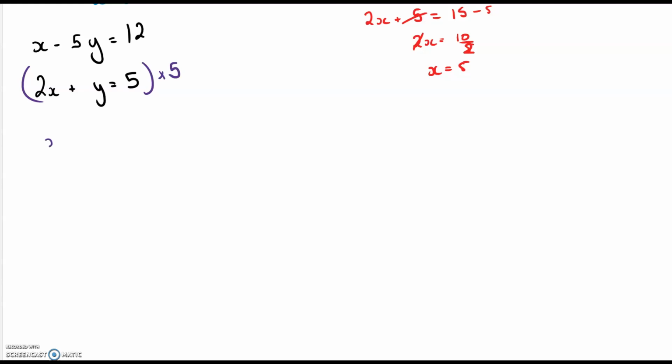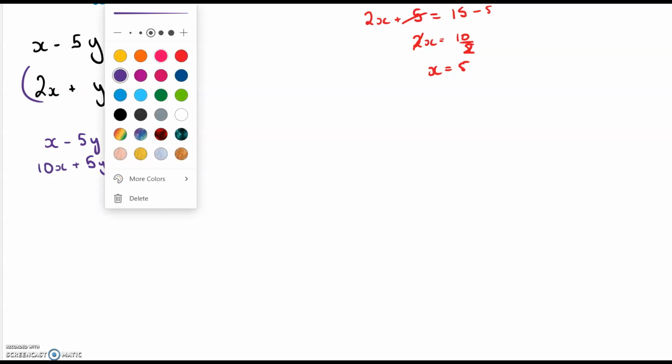So on the top, I'm left with x minus 5y is equal to 12, and then on the bottom, I'm left with 10x plus 5y equals 5 times 5, 25 again. Okay, so now my y's are equal, and I have here a positive and a negative of those values.